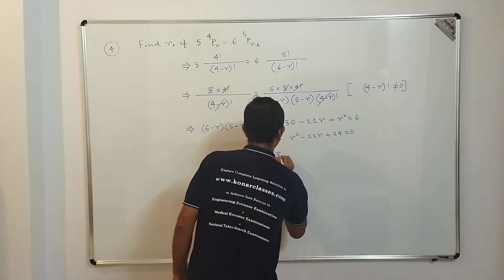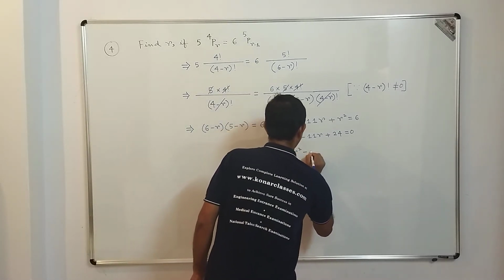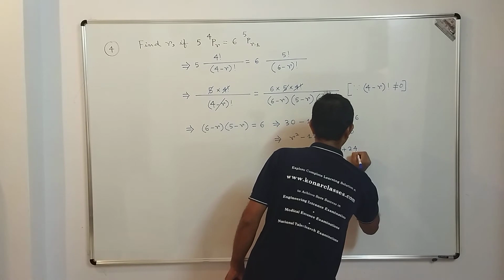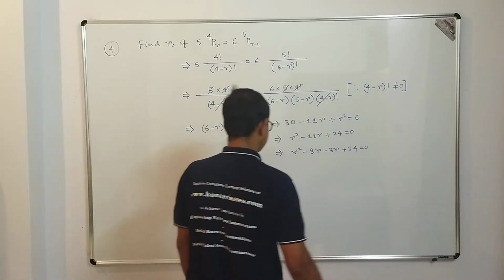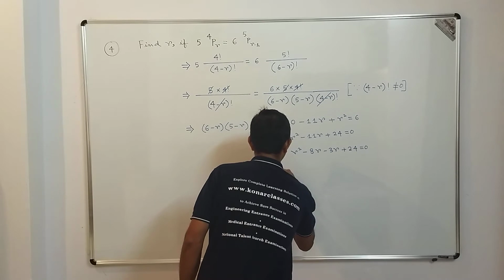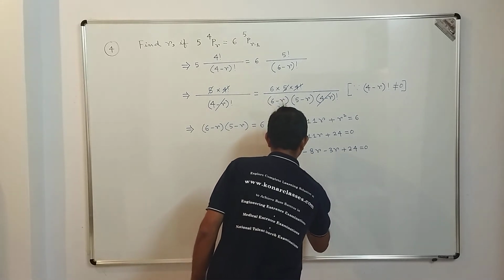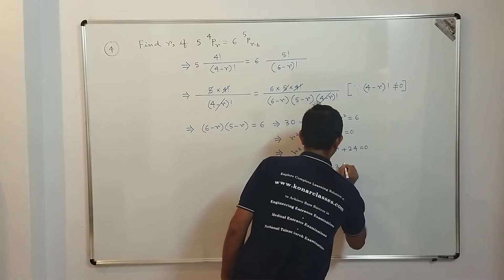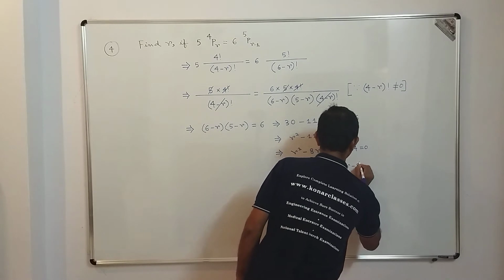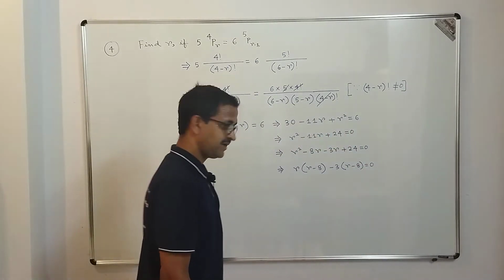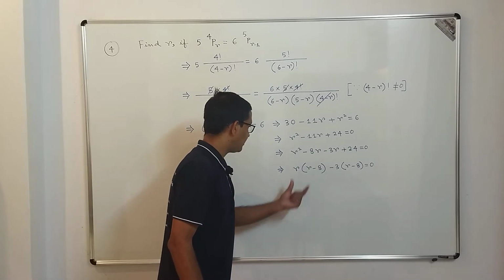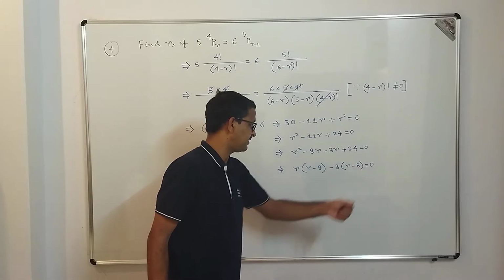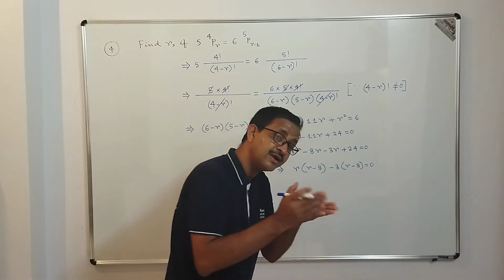So what we can write here, dear students? This implies r square minus 8r minus 3r plus 24 is equal to 0. In the r square minus 8r, we take r common, we get r minus 8, and minus 3 common, we get r minus 8, equal to 0. Correct? Now from these two we get r minus 8 common.